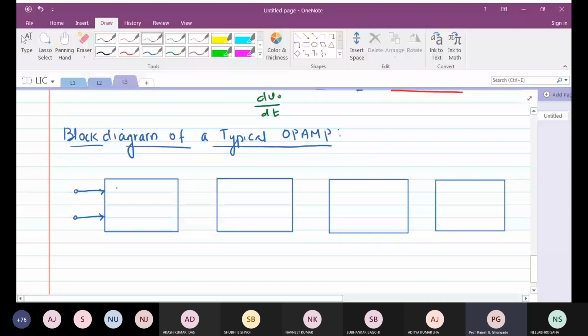This is the input stage. Then you have signals coming out like this. This is called the intermediate stage. Then you have a level shifting stage, and finally the output stage.